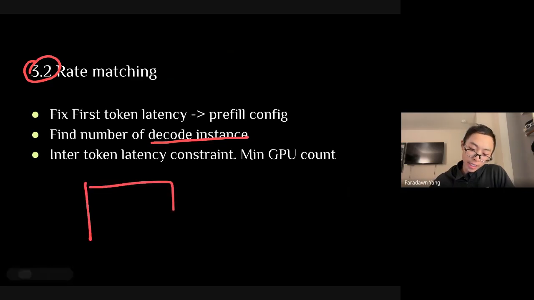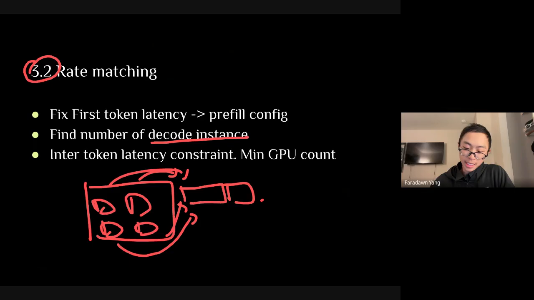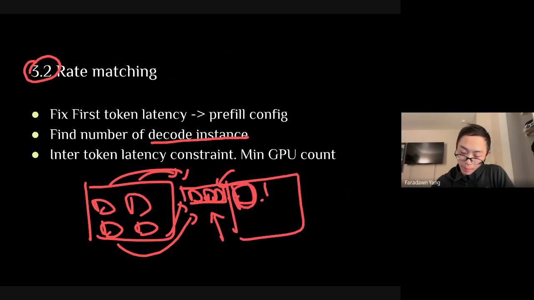If you allocate a lot of prefill and only one decode, these will produce a lot of KV cache, and the decode can only handle one at a time. So this queue will be very long and become a bottleneck. Therefore, we need to find a balance to perfectly match them.